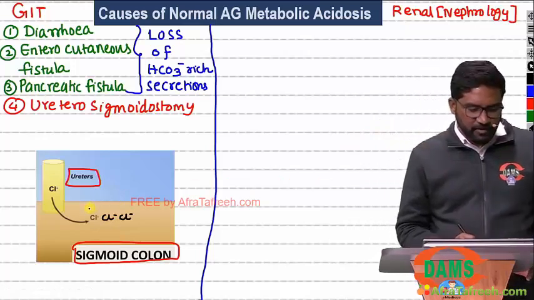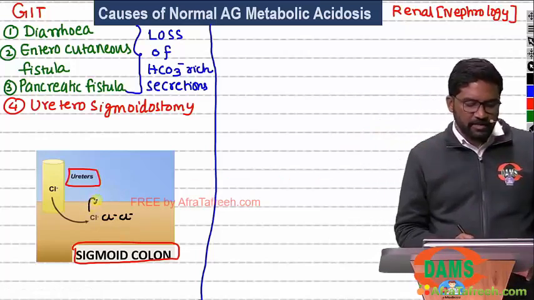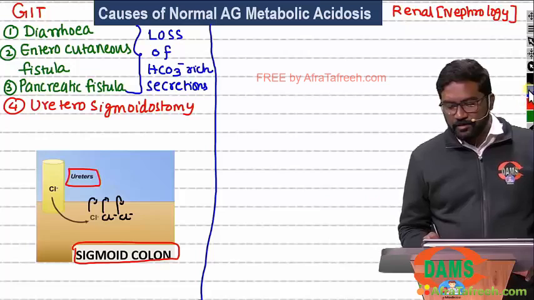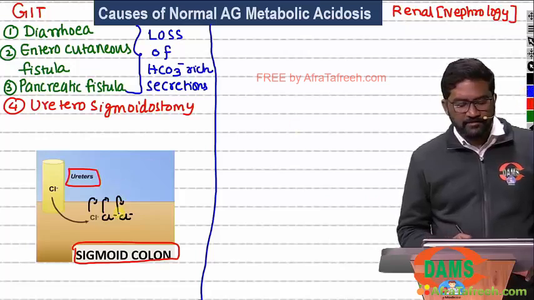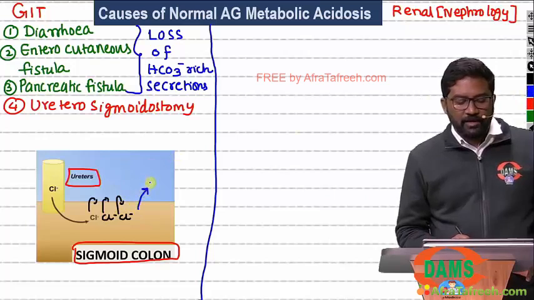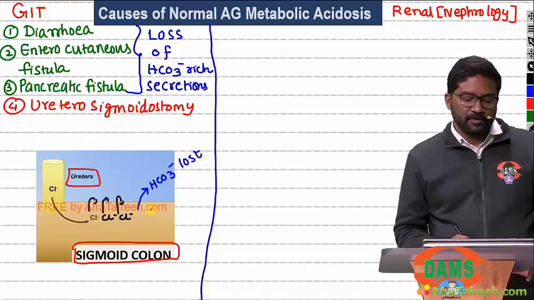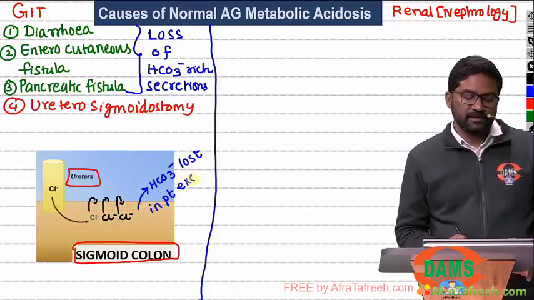So for whatever chloride is taken in, your intestine will take up all this chloride. For whatever chloride is taken in, a negative ion called bicarbonate will be lost in the patient's excreta.